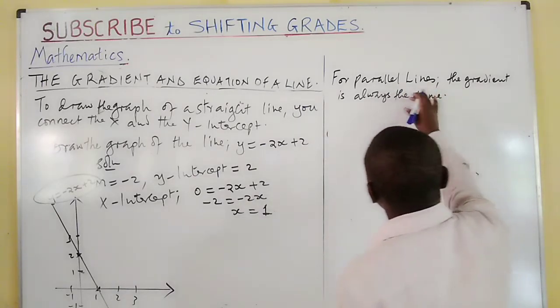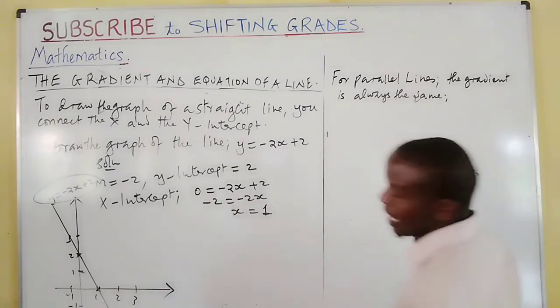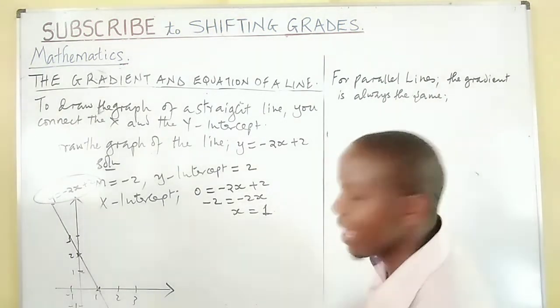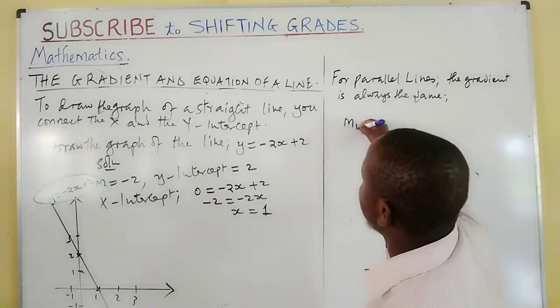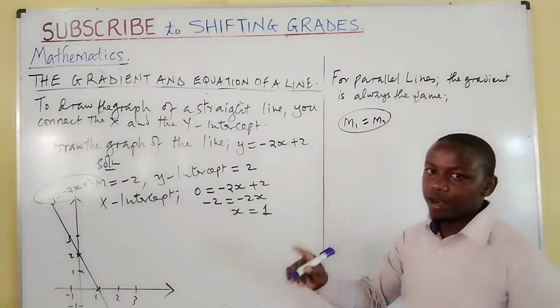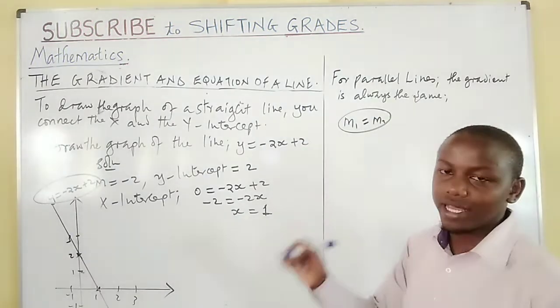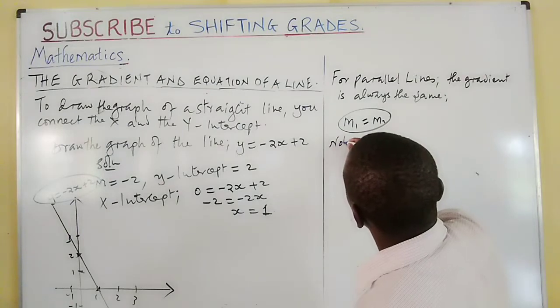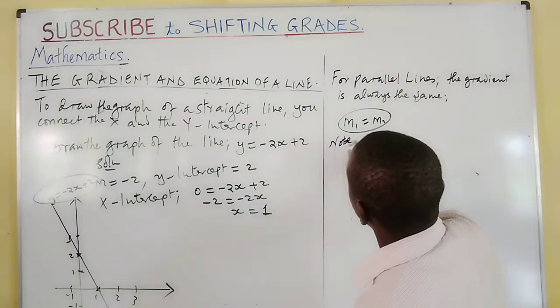So if you are told that line 1 and line 2 are parallel to each other, then the two gradients will be the same. The gradient of the first line will be equal to the gradient of the other line. And again, another NB, another note.